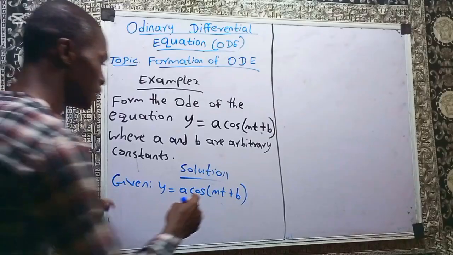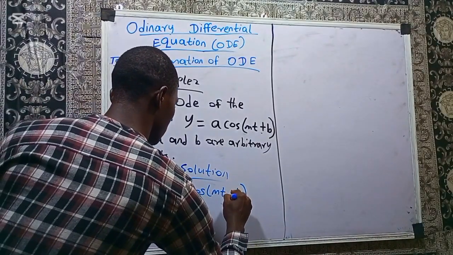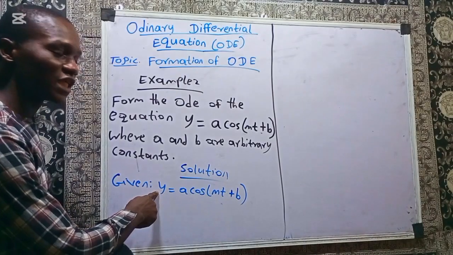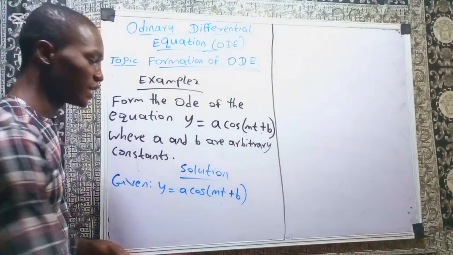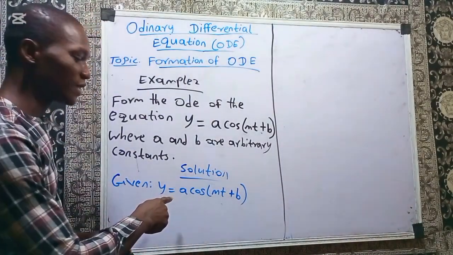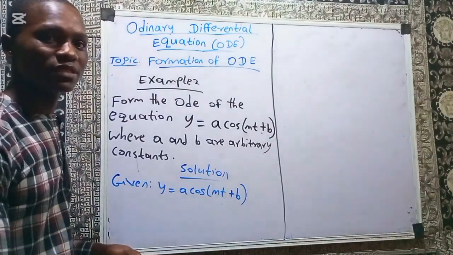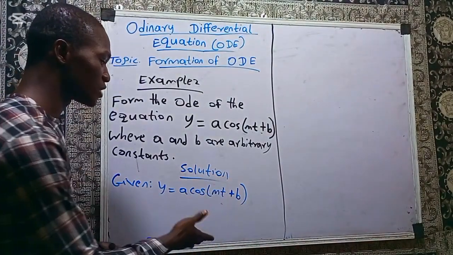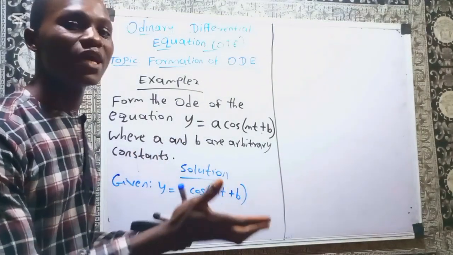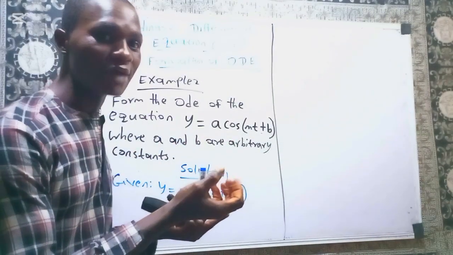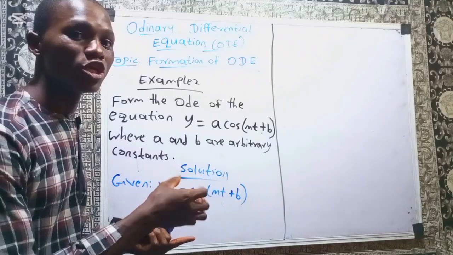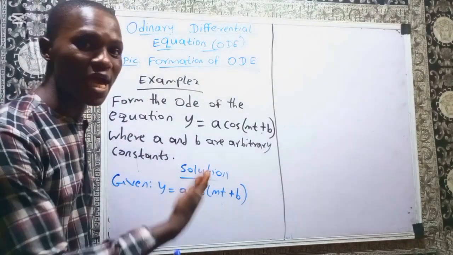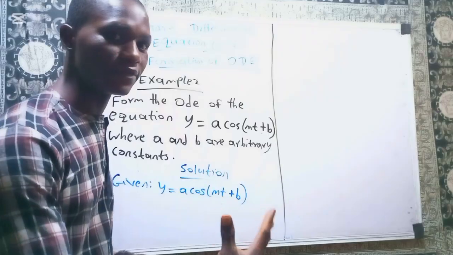Now, which one is the dependent variable? Y is the dependent variable, and which one is the independent variable? T. So y depends on t. It means that for you to form this ODE, since we have two arbitrary constants, you are going to differentiate this one 2 times, and the result after your differentiation, you are going to write your result in terms of the dependent variable, which is y, and its derivative.